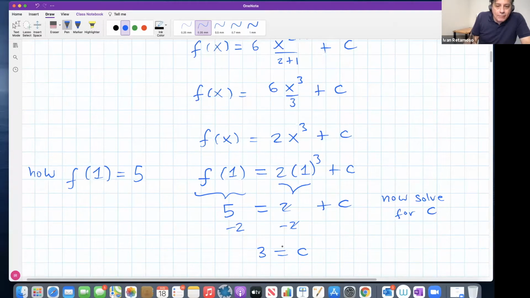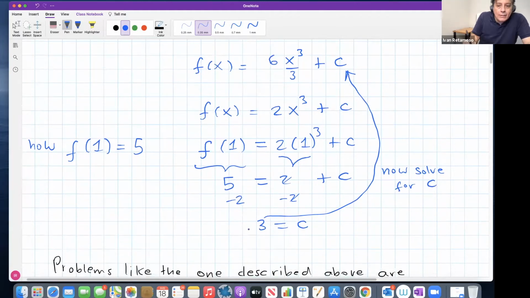Now that you have found the value of C, you can say that this function is no longer a family of functions of this form. Instead, it's this unique function.